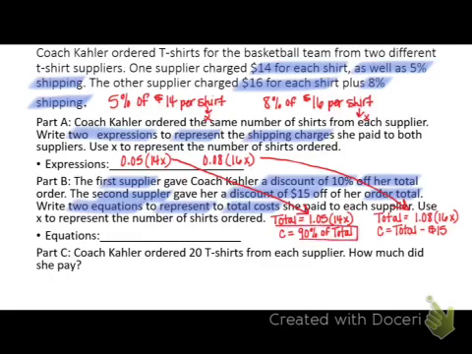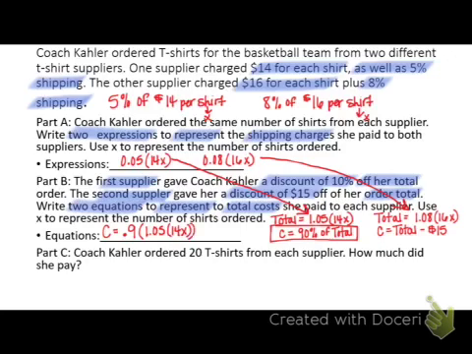So if I'm looking for the overall total cost in Part B, then I have to include that I'm taking 90% of that total in order to give myself a 10% discount. So to write that as an equation, the cost will be 90% of your 1.05 times 14x.